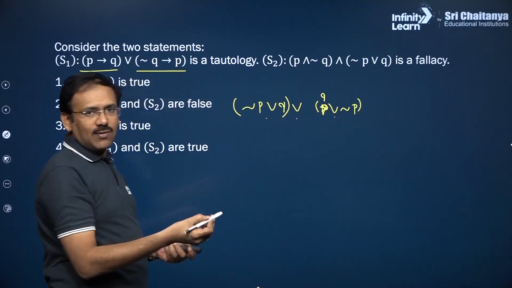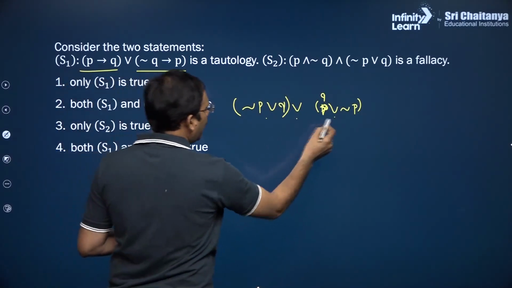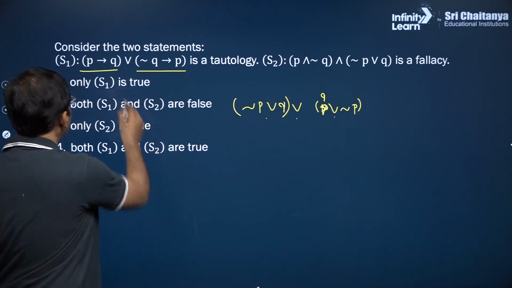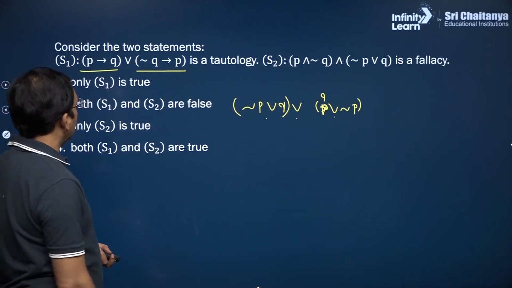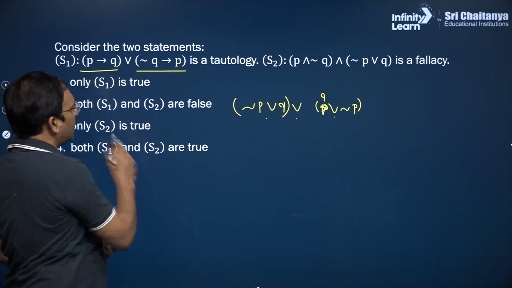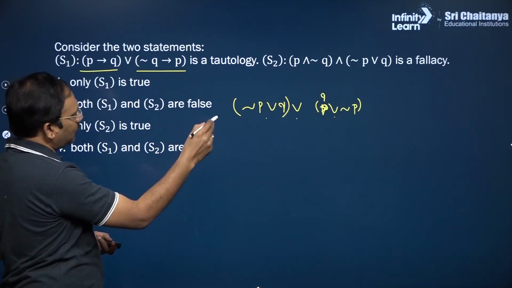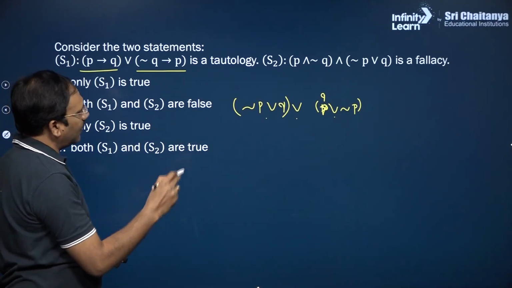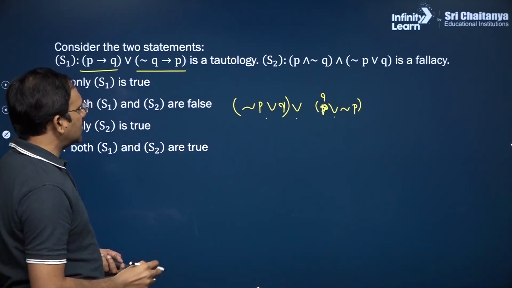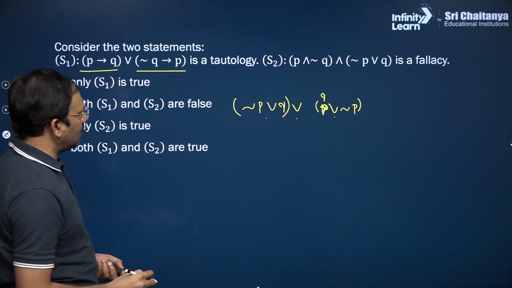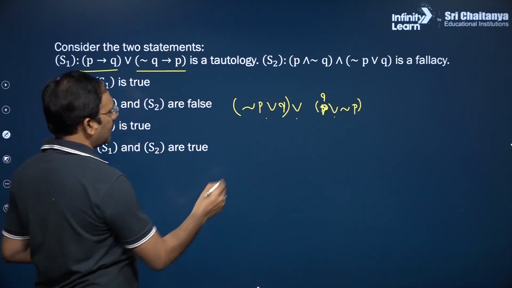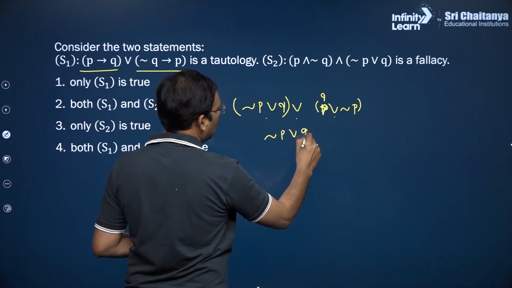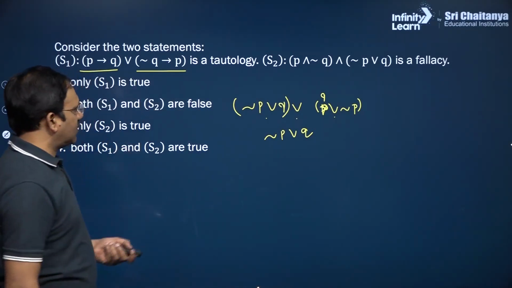So, by associative law you can take any order, P or negation P, you can just see, my dear friends. See, the first point is P implies Q is negation P or Q, or second one is Q or negation P. You can just see, my dear friends, all statements you can write like negation P or Q here.